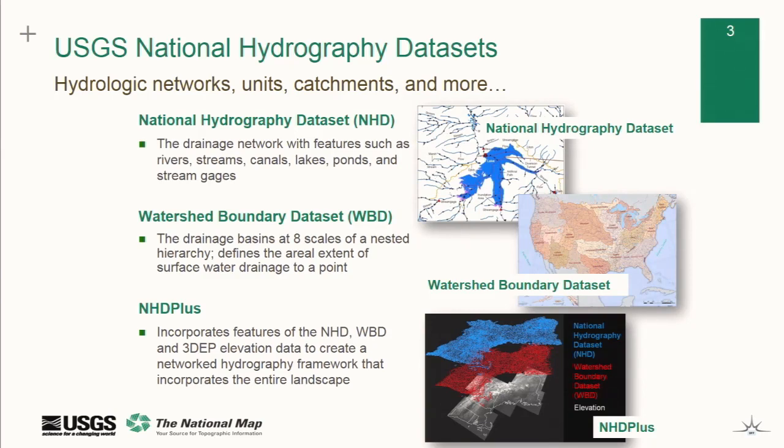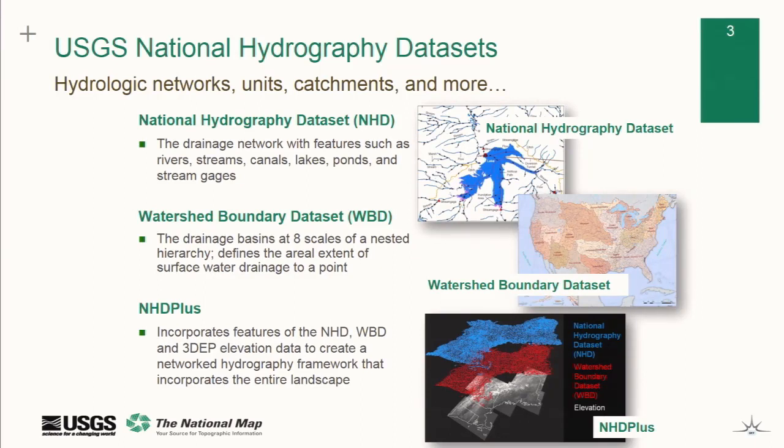The other component of the hydro data set is the Watershed Boundary Data Set, which is the HUCs. If you were at the last talk, it was a great introduction to what a HUC is, and all the way down to the HUC 12 is what we maintain within the Watershed Boundary Data Set, or the WBD.